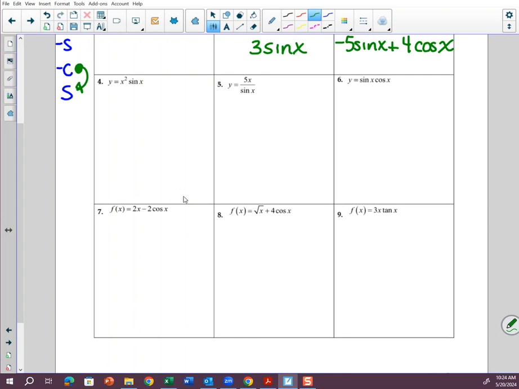And if we've got mixtures of trig functions and polynomial pieces with adding and subtracting, we can treat those pieces separately. So the derivative of the 2x is 2, and the derivative of negative 2 cosine is going to be plus 2 sine x.